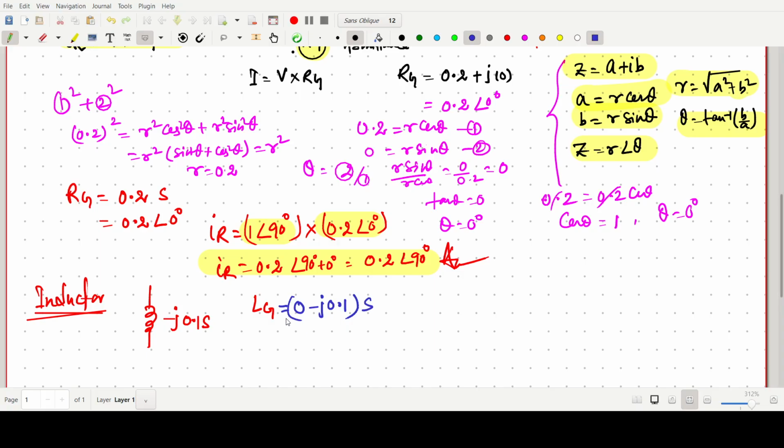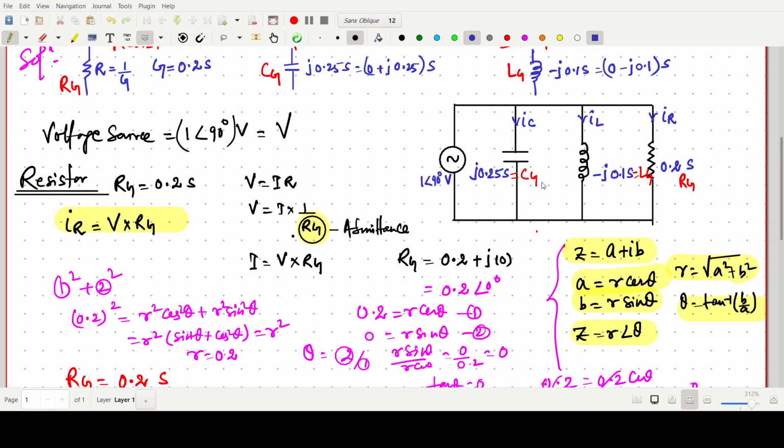Now, because voltage is in polar form, convert it to its corresponding polar form. What we have to do is just multiply the conductance or admittance term with the voltage. So we have to convert all the admittance to the corresponding polar form.